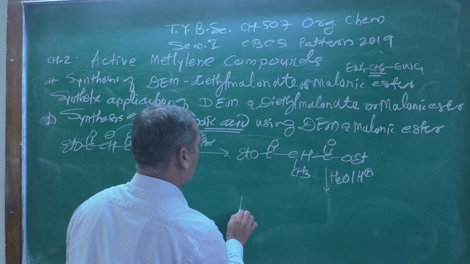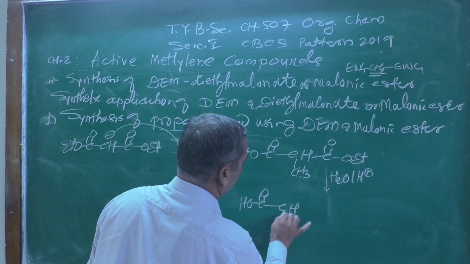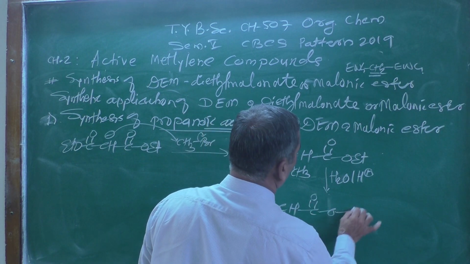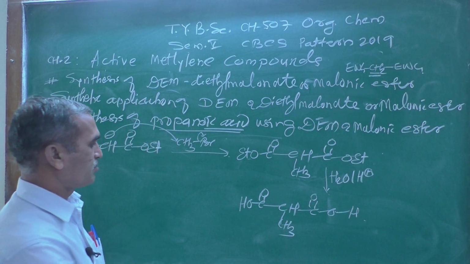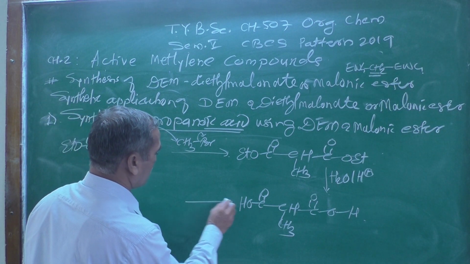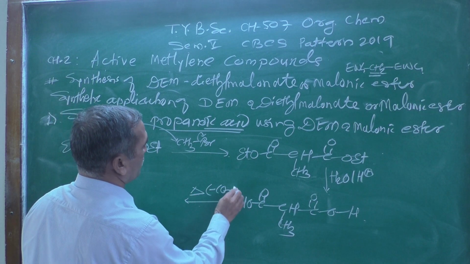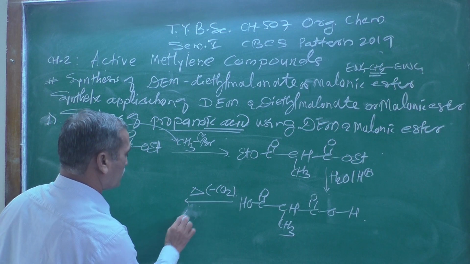Here you will get HO, then C double bond O, then CH, CH3, C double bond O and OH. That is a dicarboxylic acid. After that, on heating, there is elimination of carbon dioxide, and that process is known as decarboxylation.